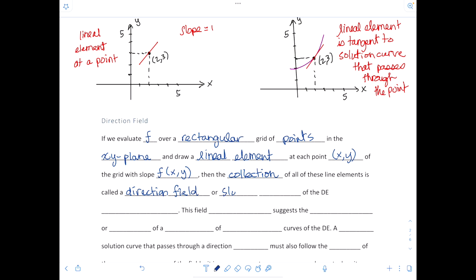Also, we often call this a slope field of the differential equation dy dx equals f at x and y. This field visually suggests the appearance or shape of a family of solution curves of the differential equation.